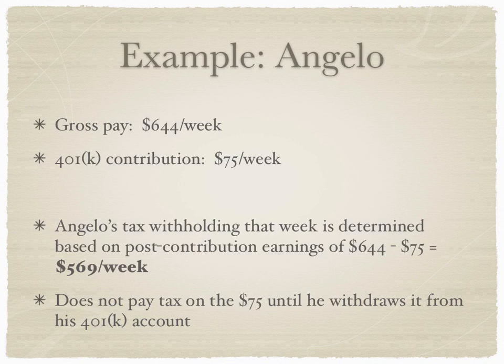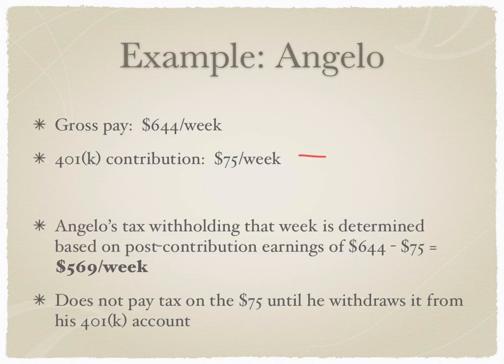Let's say that Angelo's gross pay for the week is $644. If he's contributing $75 a week as his contribution to a 401k plan, then the federal income tax withholding for that week is not based on him earning $644.